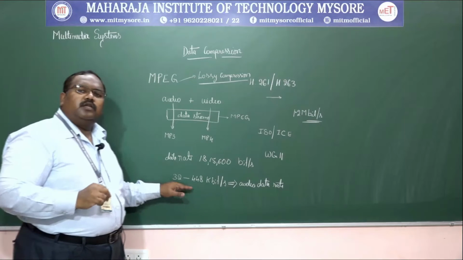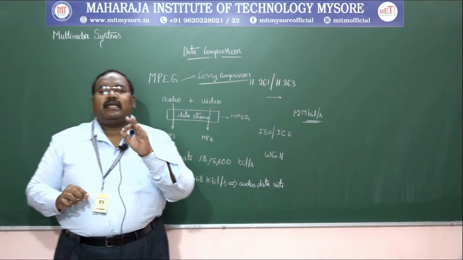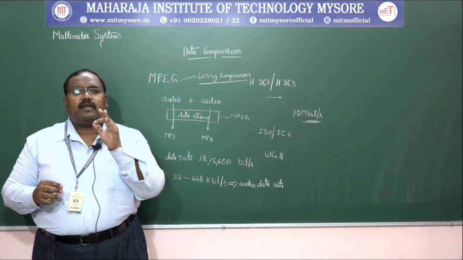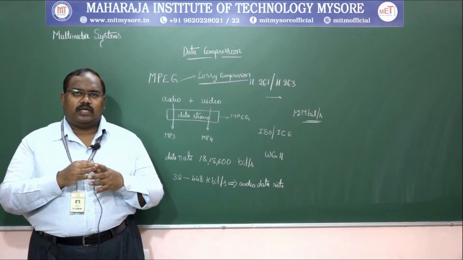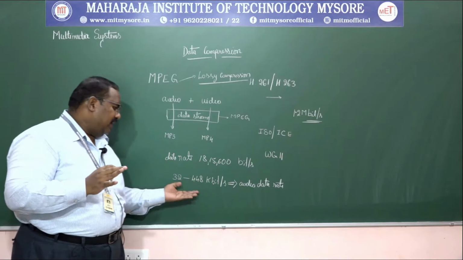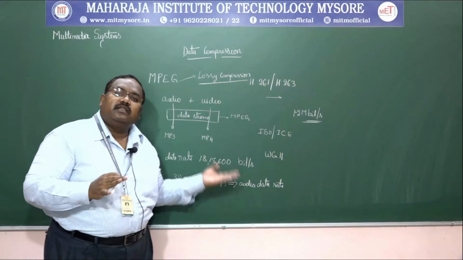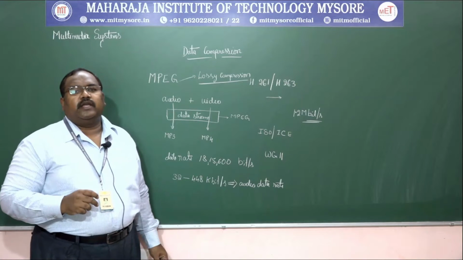They were able to come out with this, because this is very interesting. This data rate enables video and audio compression for an acceptable quality, meaning the satisfactory or desirable data rate is between 32 to 448 kilobits. This has been achieved with respect to MPEG.